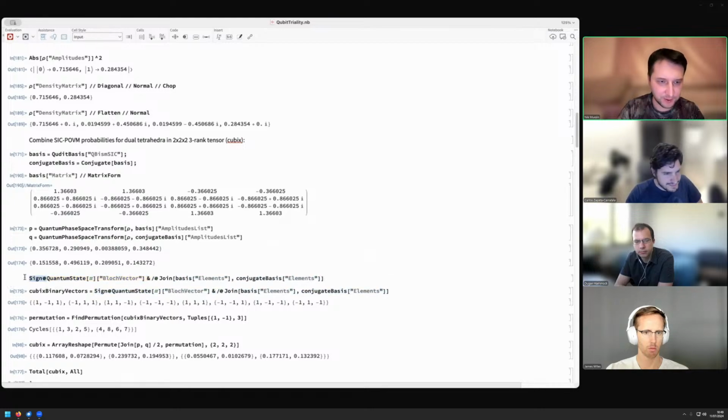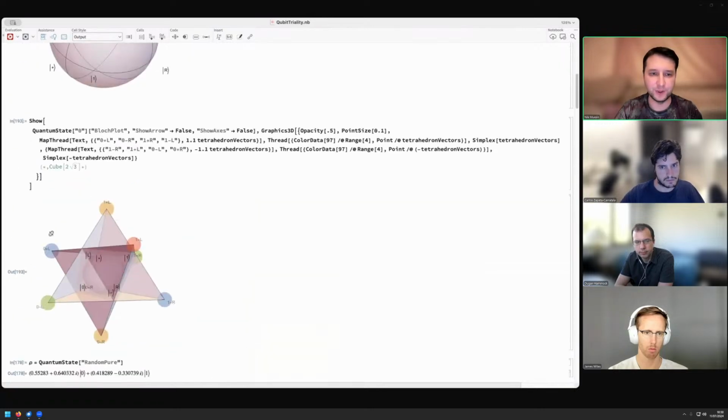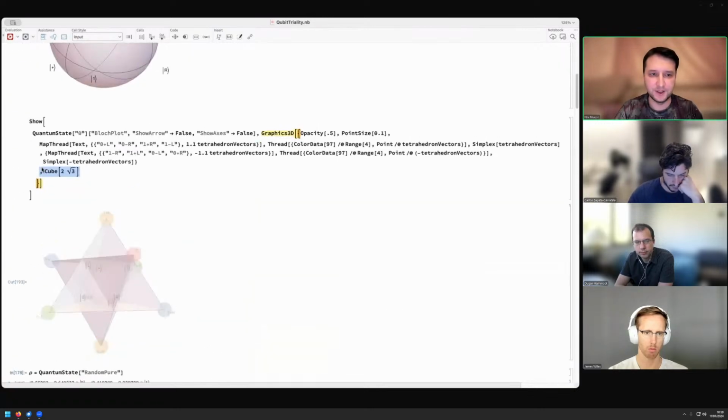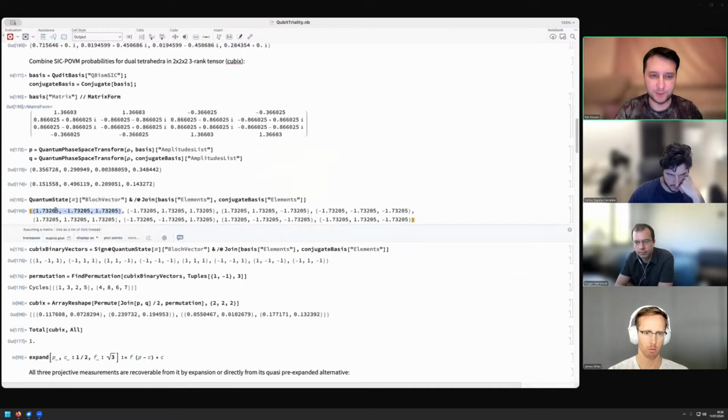So if you just join those elements of the basis and its conjugate basis, there are in total 8 elements, and compute the corresponding Bloch vectors for those. It's going to be the vertices of that cube over here. So they have some components, but we can ignore the components, just focus on the sign of those.